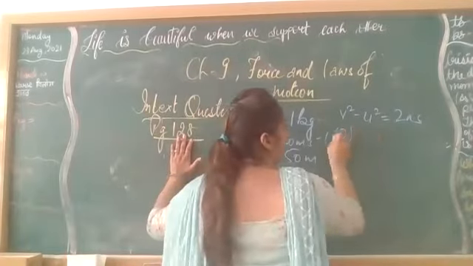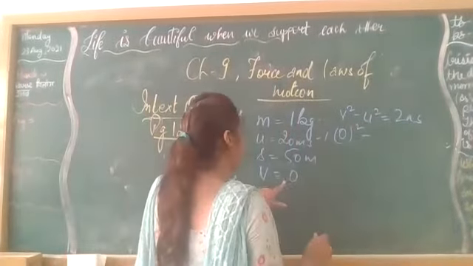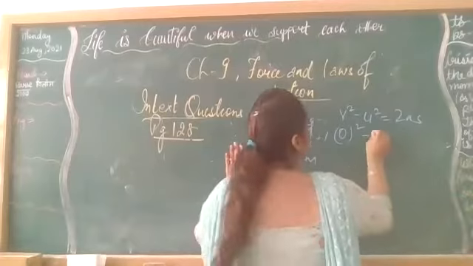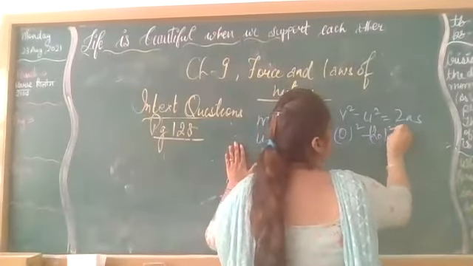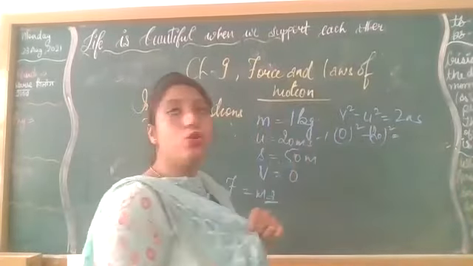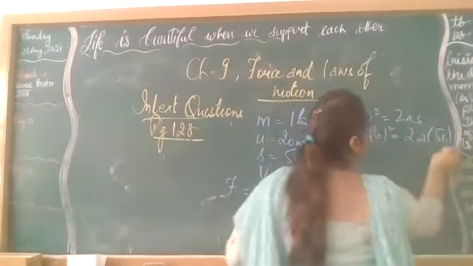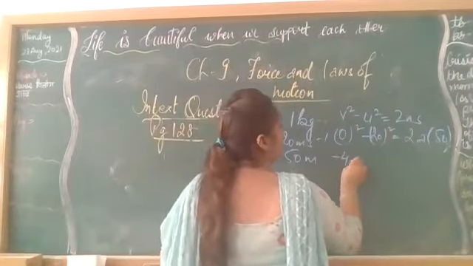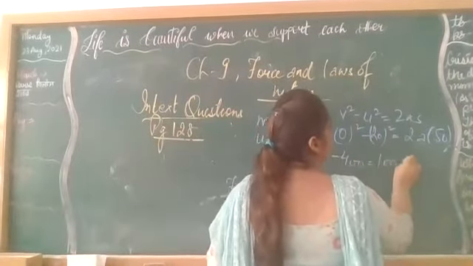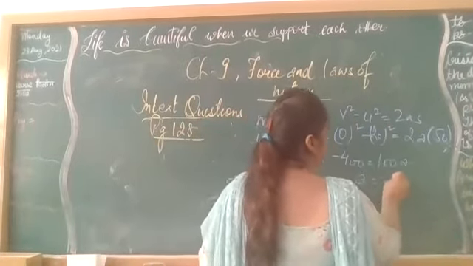What is V square here? It is 0 square minus U square, that is 20 square, is equal to 2 into A into S. So it will be minus 400 is equal to 100A. What will be the value for A here?